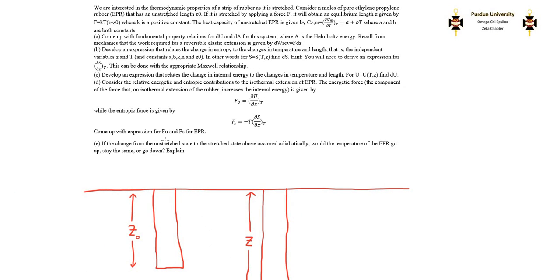For part D, it says, consider the relative energetic and entropic contributions to the isothermal extension of the EPR. It gives you an expression for the energetic force and the entropic force, and it wants us to find expressions for F sub U and F sub S. So we're going to plug in the expressions we've already calculated in this problem for dU over dz and for dS over dz.